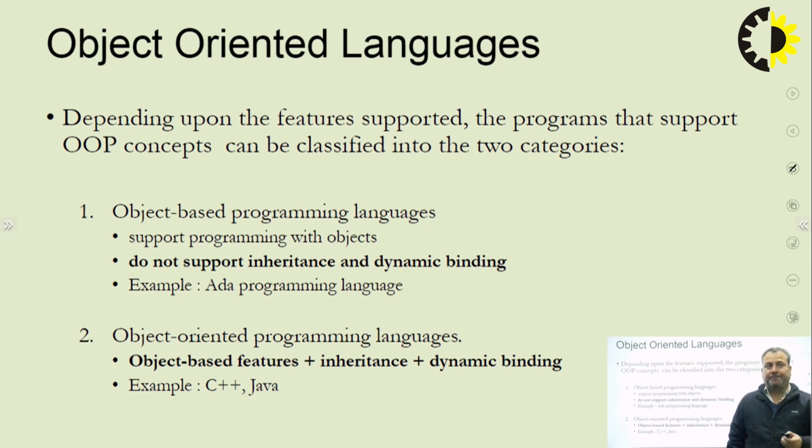So in both the object-based or object-oriented languages, the features which are supported are data abstraction and polymorphism. Both features are common in that. Object-oriented is an extension of object-based, so there are some more features which have been added in object-oriented.